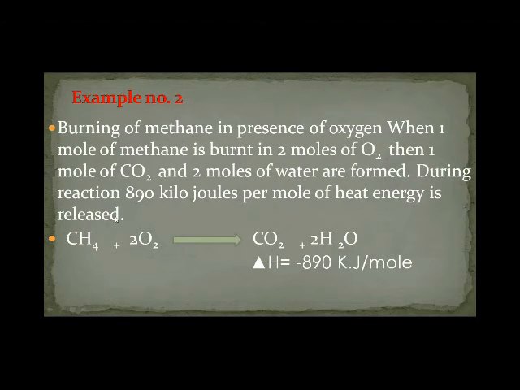So this is the reaction: methane CH4 and oxygen O2 react together. 1 mole of methane and 2 moles of oxygen react together. It will form 1 mole of carbon dioxide and 2 moles of water, and release the energy, that is delta H equal to minus 890 kilojoules per mole. So this is the second example.